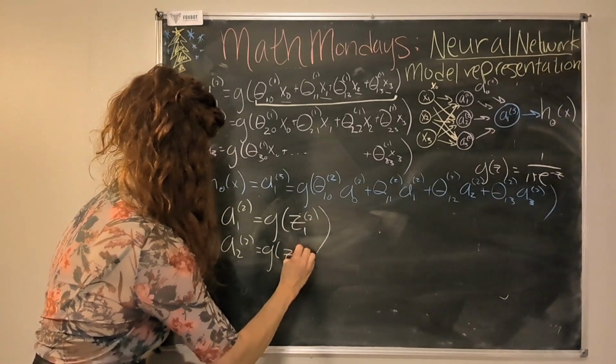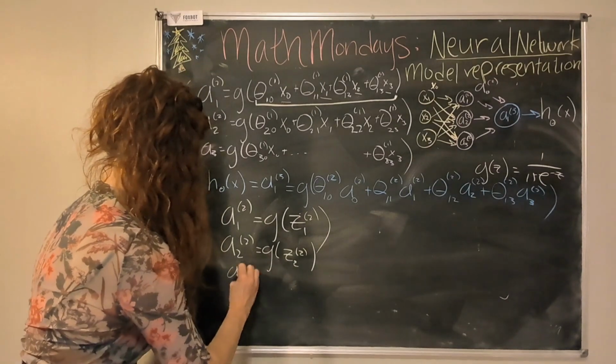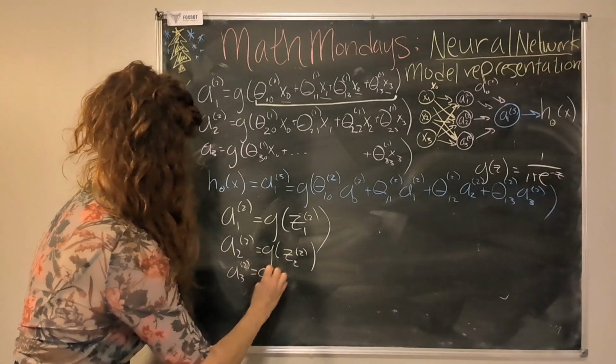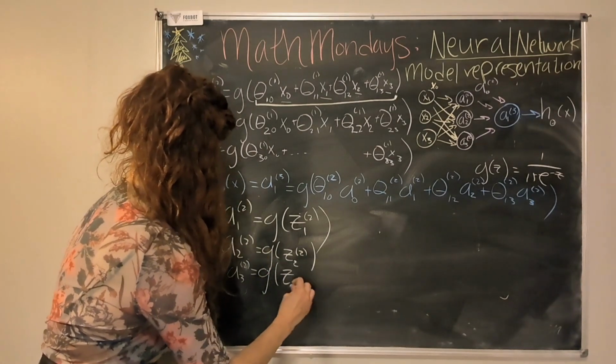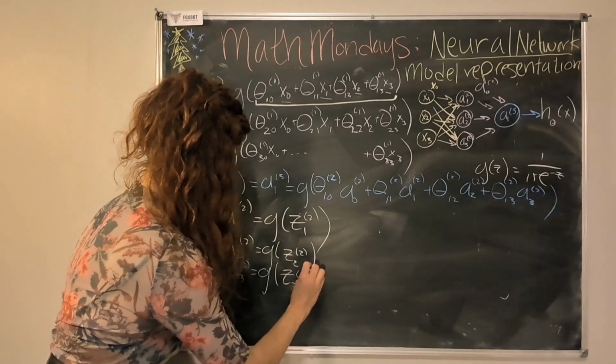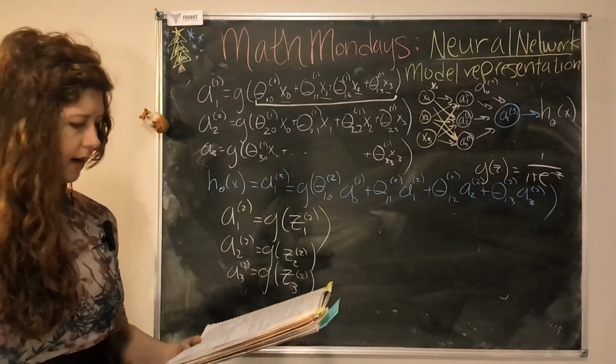So z2, layer 2, a3 of 3. Whoops, no. Layer 2, that's silly. g of z3, that's the one that changes. So many numbers going so fast.